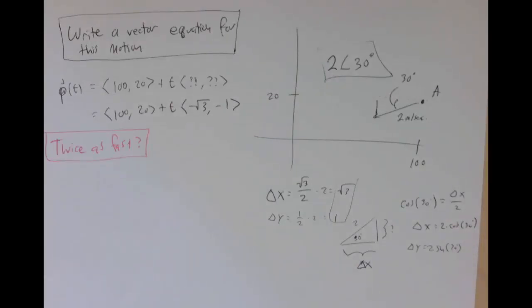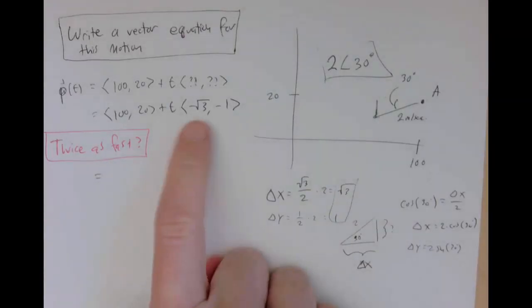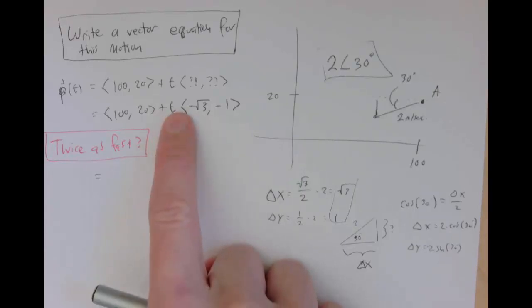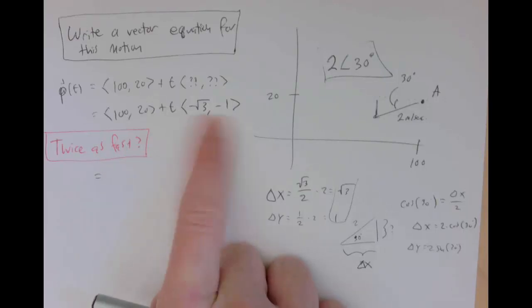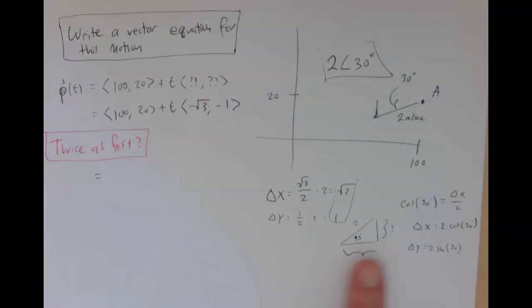What if I wanted to change it so that it's moving twice as fast? Well, right now, whatever the length of this vector is, I'm going that far with every single second, because each time I make t larger by 1, it's like I'm adding another one of those vectors onto the end of my path. So we calculated the length of this vector to be 2.